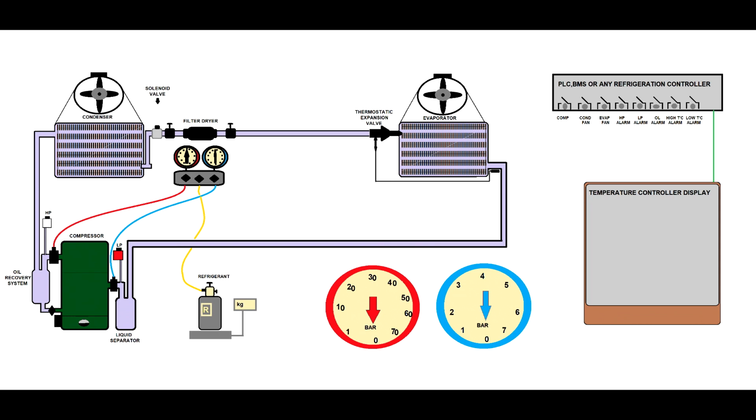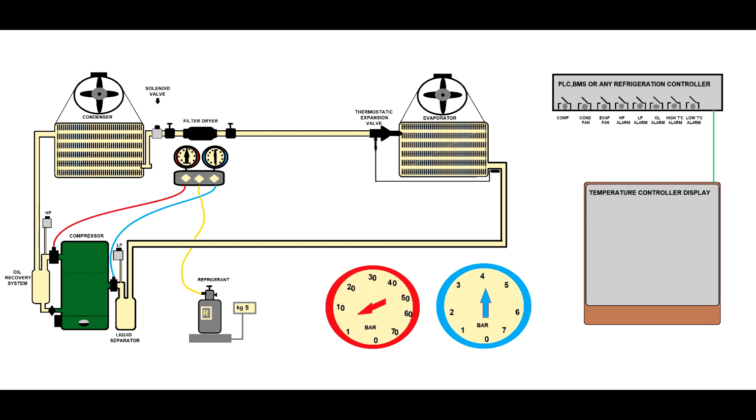If the system has a specification, you will know how much to put into it. And you have to be careful. Refrigerant blends have to be charged in the liquid phase. Most of them are blends. If they're not blends, it doesn't matter. So you're charging the system with the required quantity.